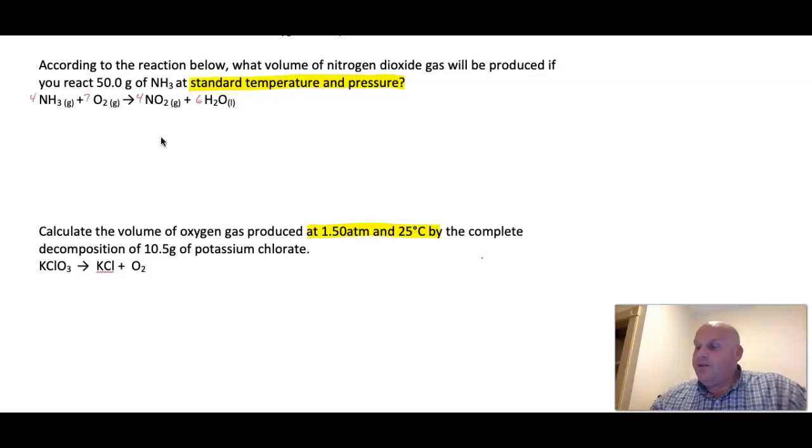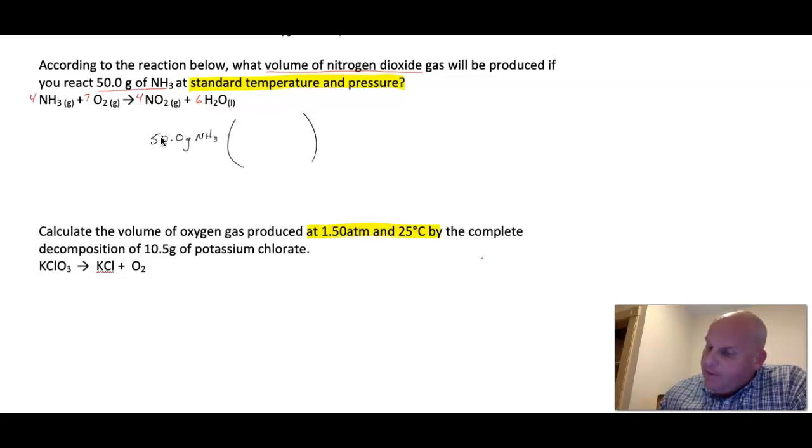Here's how you should have ended up balancing that equation. Because this problem is at STP, this just becomes a 3-step stoichiometry problem from grams of NH3 to volume of nitrogen dioxide gas. So as always, I would start with my 50 grams of NH3.